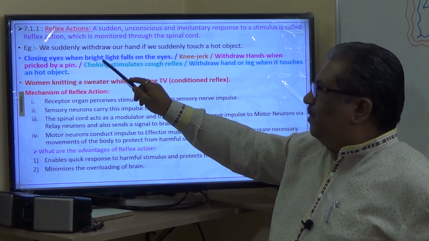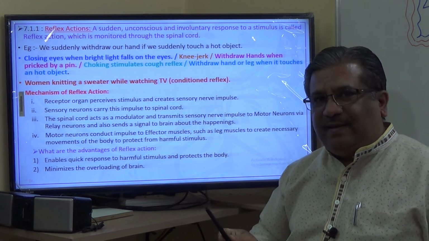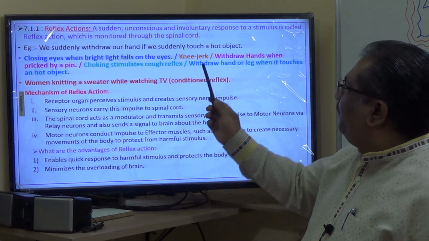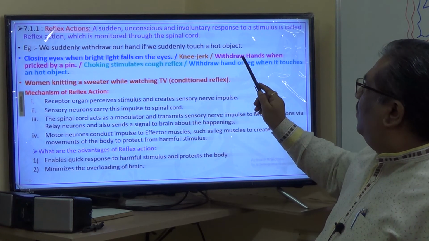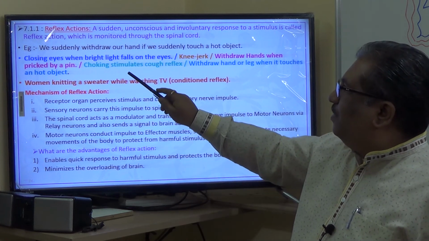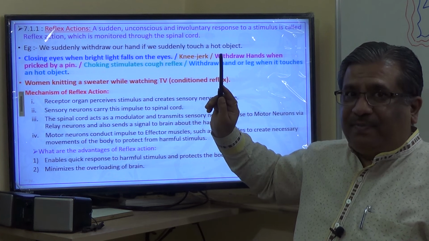Closing eyes when bright light falls on the eyes. Sneezing when we see the sun in the daylight. Knee jerks. Withdrawing hands when pricked by a pin. Choking stimulates the cough reflex.